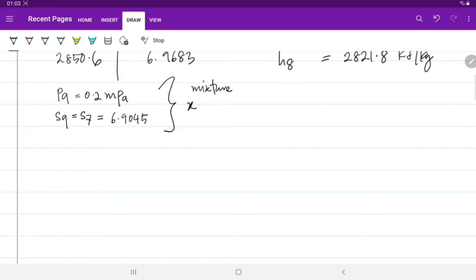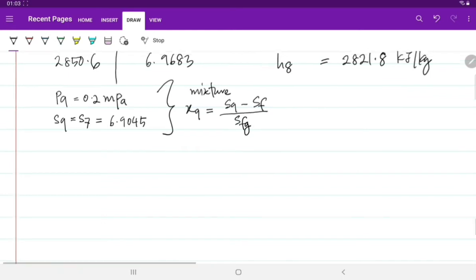We can compute X9, okay, by using entropy. S9 minus SF divided by SFG.